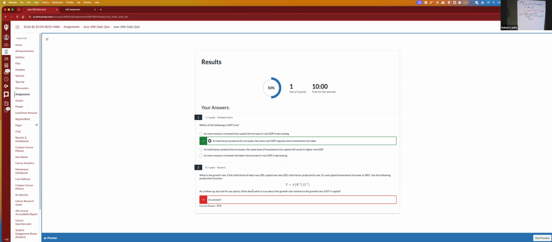And the same would be true about labor. Well, capital went from 200 to 300. So if I make this growth rate calculation, 300 minus 200, which is 100, divided by the initial starting amount of 200, I'd have 0.5. If I want that growth rate in capital as a percent, it would be increasing by 50%.